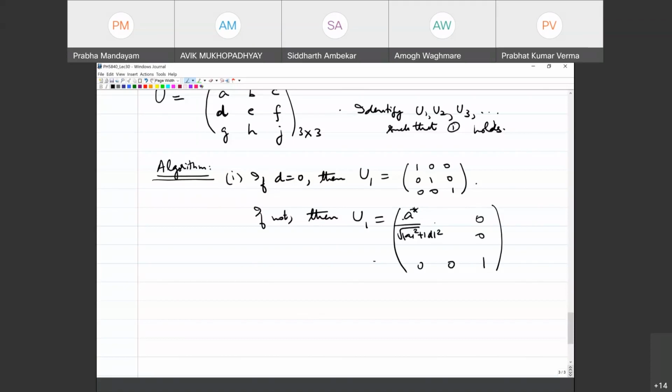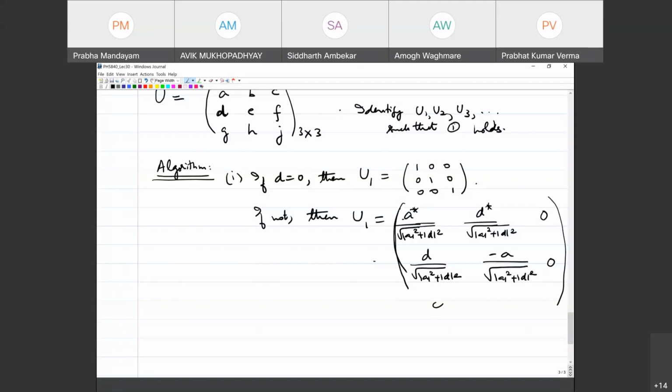You will see the pattern very soon. Then you will need the complex conjugates of these as the other 2 entries because it's a unitary matrix, and this should be minus A. So this is one 2-level unitary.